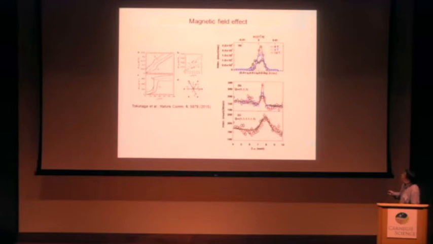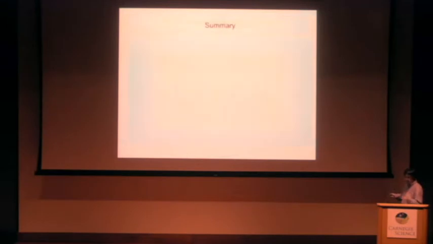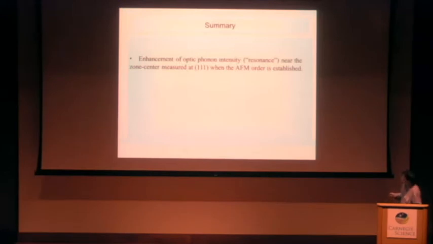But if we measure phonons, this is the measurement near 111, where the phonon resonance occurs. We can see that there's also a big enhancement of this resonance intensity with field. If we go slightly away, to 1.1, 1.1, 1.1, we see that the enhancement is not there. So basically, all these results suggest that we are really seeing a very interesting dynamic coupling between the magnetic excitation and phonons.